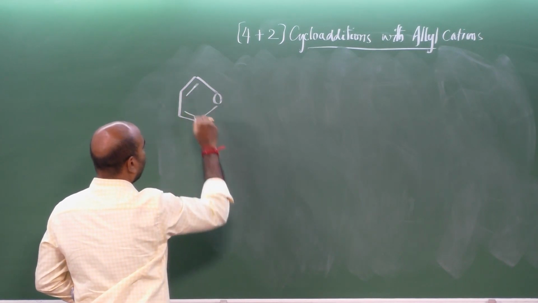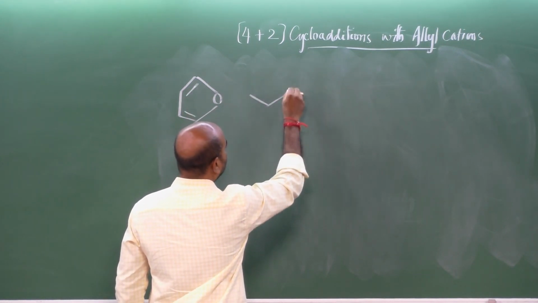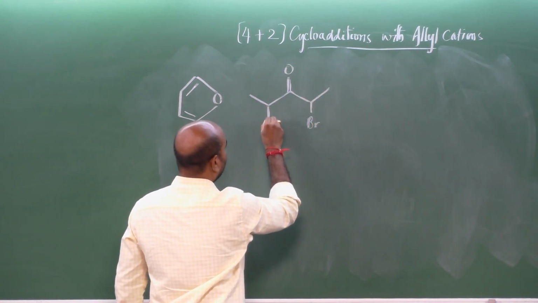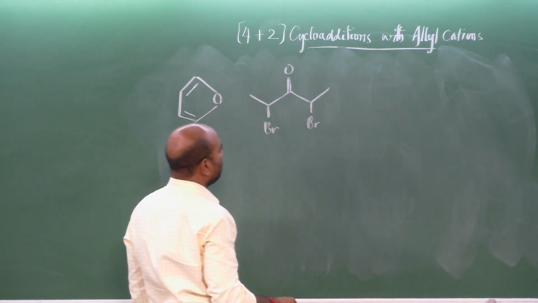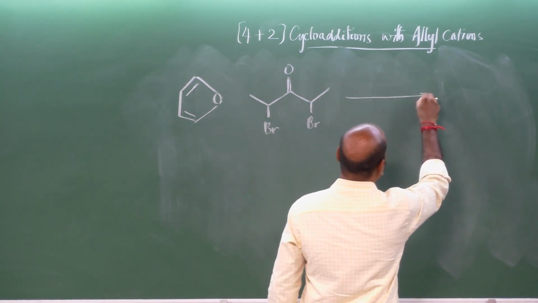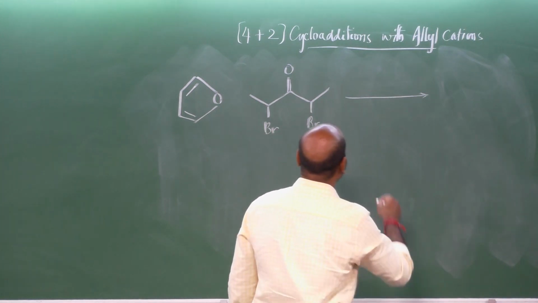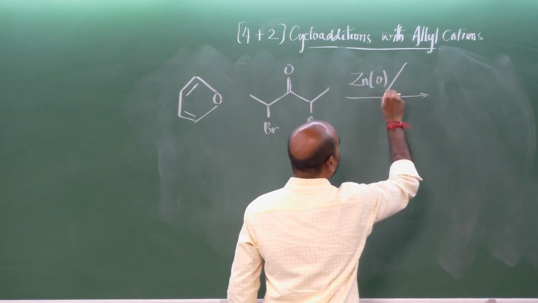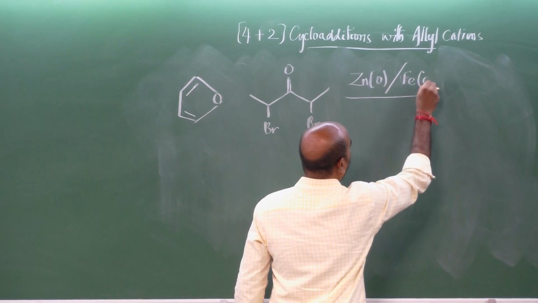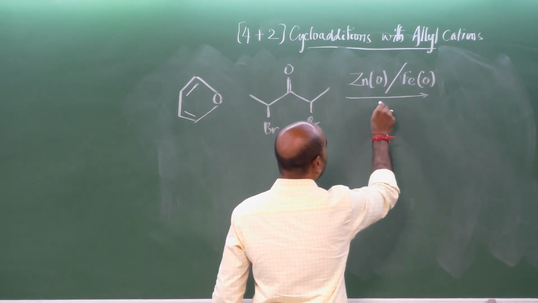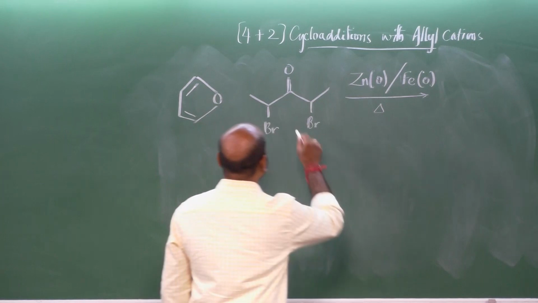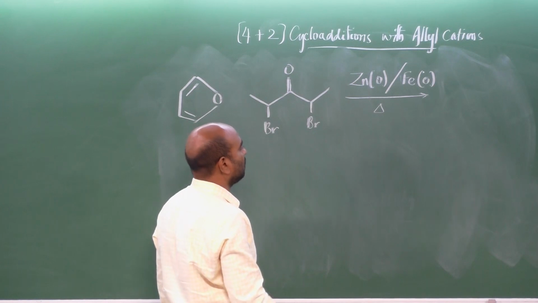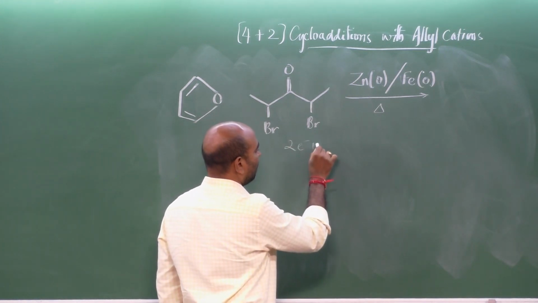So, we will see such an example with this reacting with alpha alpha dash dibromo ketone. In the presence of metals like zinc or iron in the zero oxidation state, initially this alpha alpha dash dihaloketone will be subjected to a 2 electron reduction process.